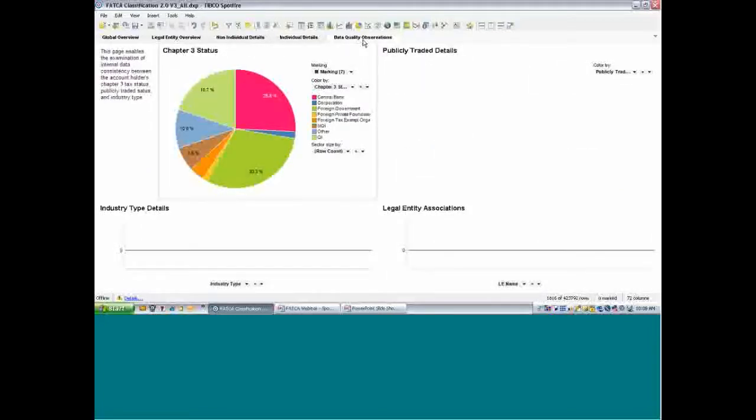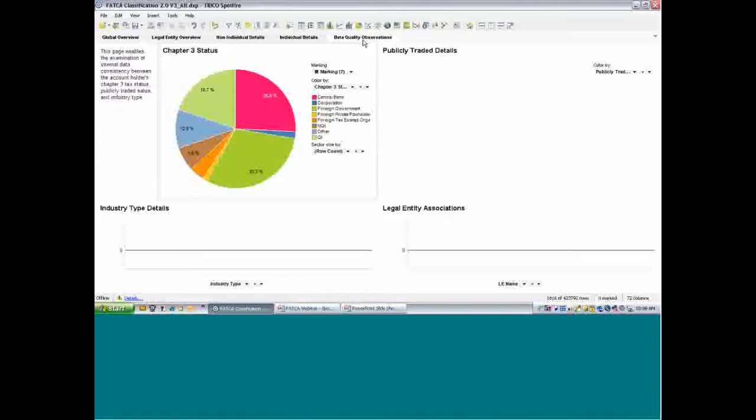This last page in the demo is data quality observations, and pursuant to Paul's mention earlier, one of the key purposes of this preliminary search, and why Spotfire is a great tool to conduct it, is that beyond understanding where our data is and what type of workload we could expect from a remediation process of our pre-existing population, getting a view into the data, which has been collected probably fairly regularly but might lack governance processes around it, and identifying instances where there's a potential conflict internally between data elements early enough allows several things to occur.